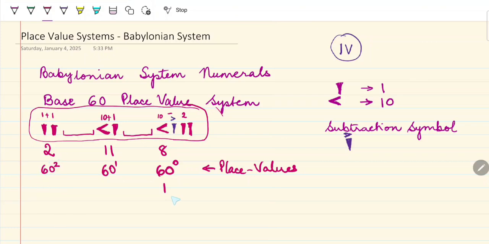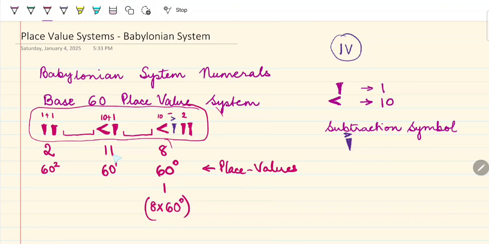So to determine the numeric value of the entire set of numerals that we have here, you have to take the value of each digit, in this case 8, and multiply that by 60 raised to the power 0, correct?